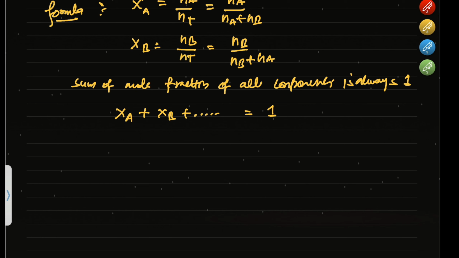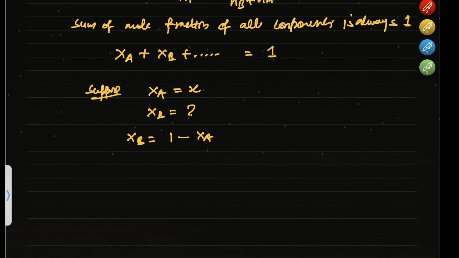Suppose a solution contains only two components, A and B, and the mole fraction of component A is given as x. Can we find the mole fraction of component B? Yes. The mole fraction of component B is 1 minus that of component A.